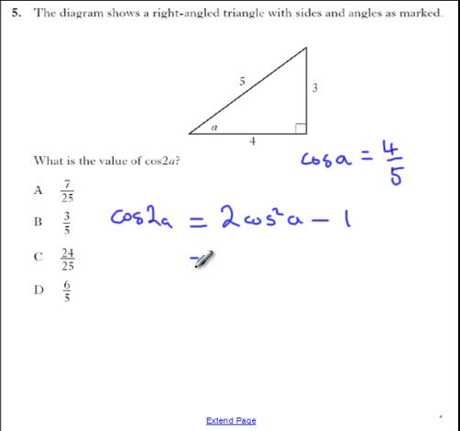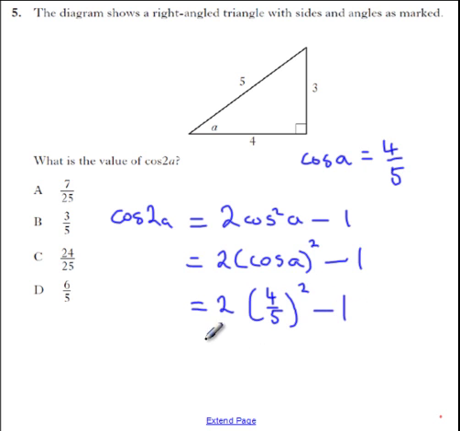Now cos squared a means whatever cos a is, you square it. So this is 2 times cos a squared minus 1. Fitting in the fact that cos a is 4 over 5, that's 2 times 4 over 5 squared minus 1.